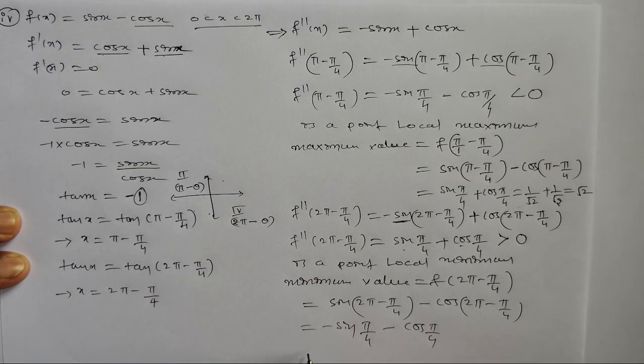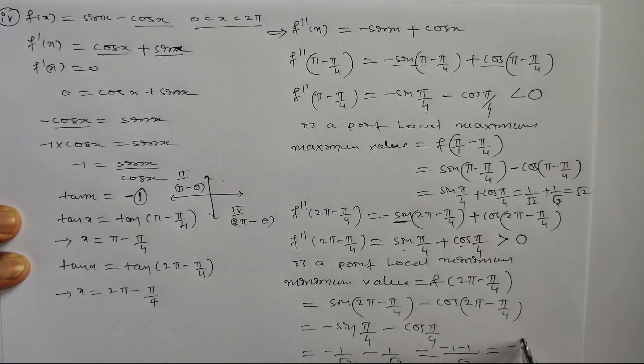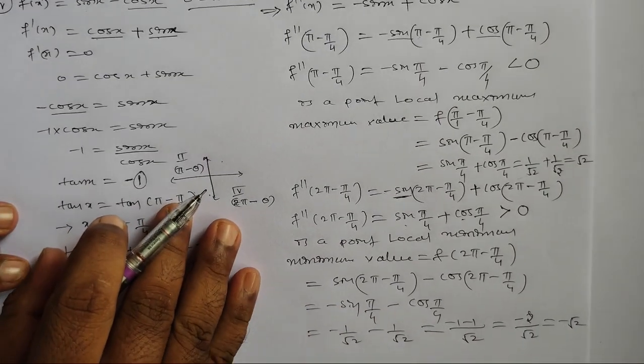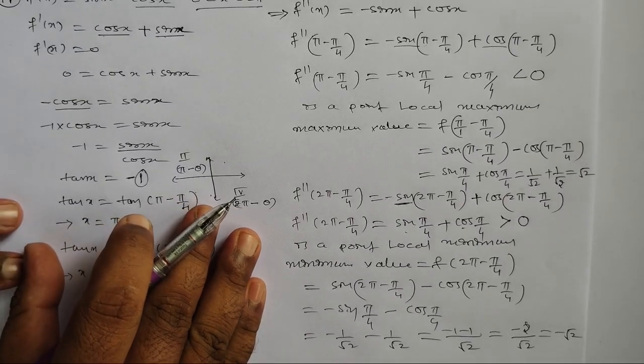Sin pi by 4 is 1 by root 2, so minus 1 by root 2 minus 1 by root 2. The LCM is root 2, so minus 2 by root 2, which is minus root 2. The minimum value of this function is minus root 2 and the maximum value is plus root 2.